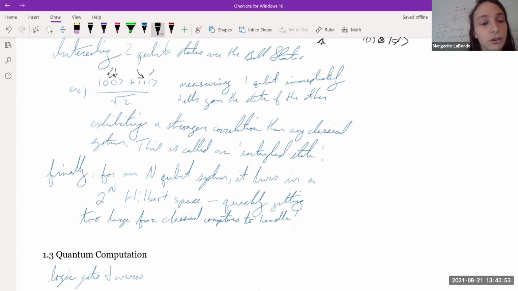So whatever you measure on one, you're guaranteed to find the other qubit in that state. So these qubits are perfectly correlated. And in fact, they show stronger physical correlations than anything in classical physics allows for. So you can build these states, they exist, and there's nothing in nature classically that exhibits a higher level of correlation than these states. And we call these states entangled.